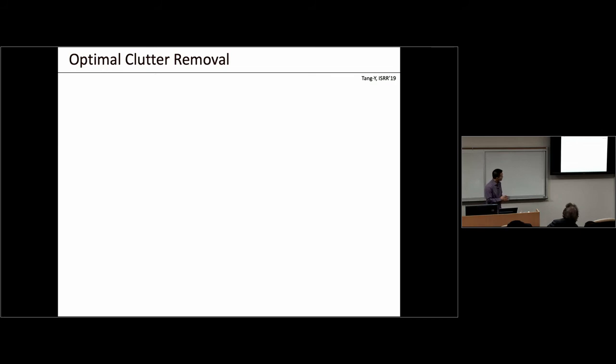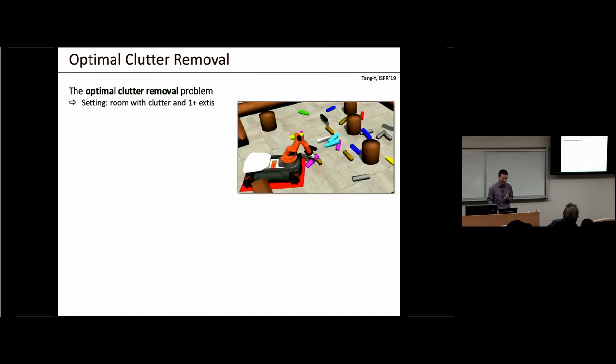So I will also mention very briefly the optimal clutter removal problem that we're working on. Right now we have done the single robot case where we want to essentially use a robot to clear clutter from an environment.